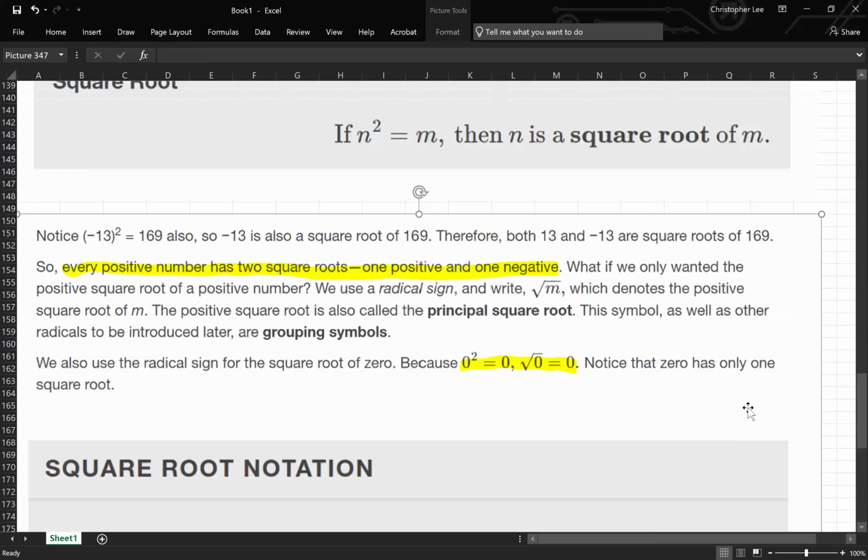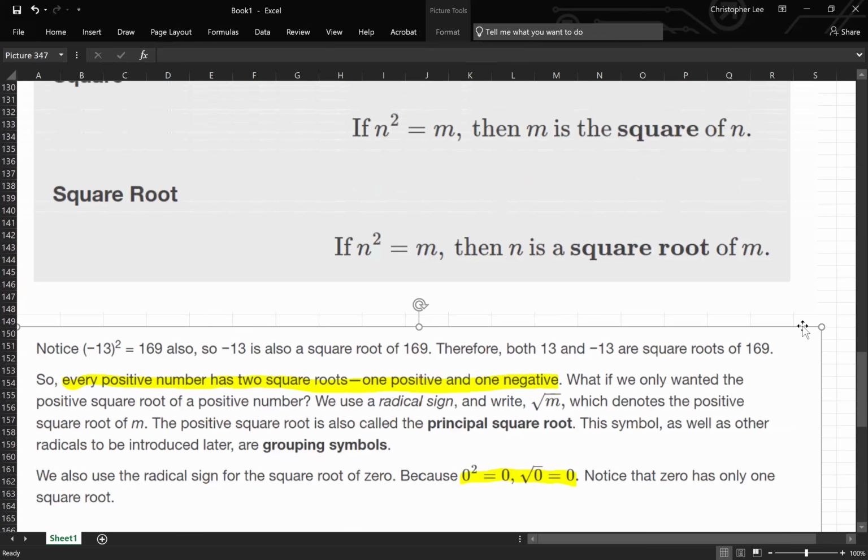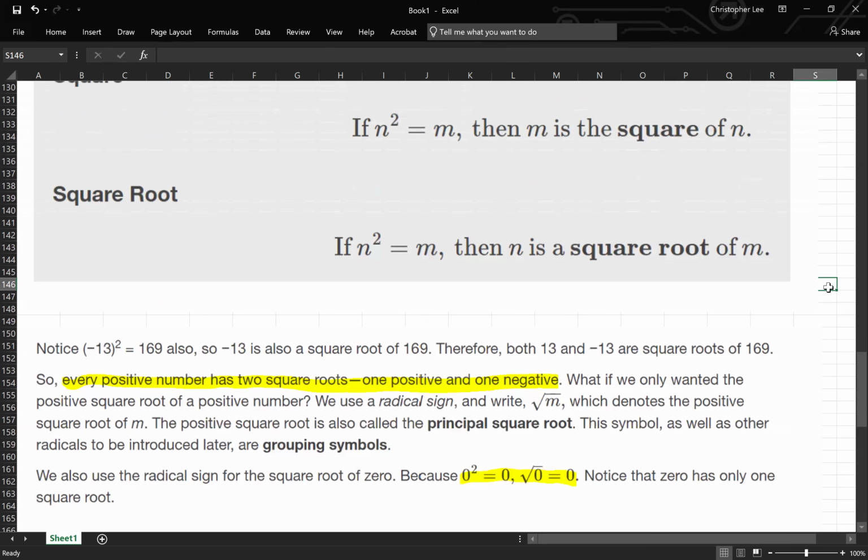So notice negative 13 squared is equal to 169. So negative 13 is also a square root of 169. Therefore, both 13 and negative 13 are square roots of 169. Every positive number has two square roots, one positive and one negative.